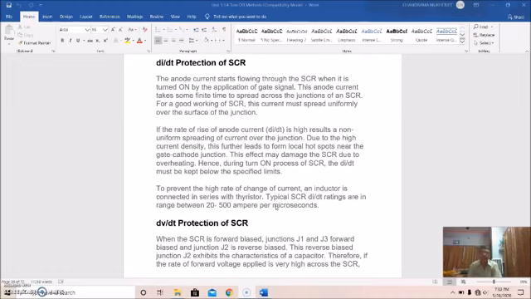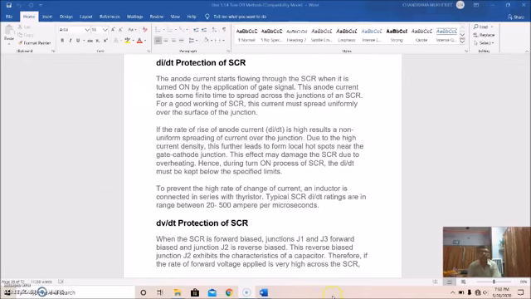So during the turn on process of the SCR, this DIGT must be kept below the specified limit, otherwise this local hotspot may cause permanent damage of the SCR.